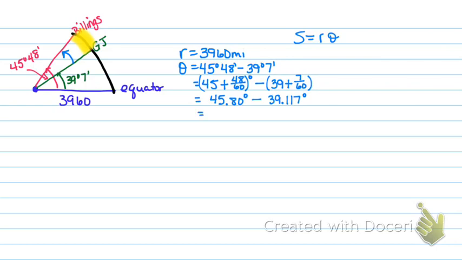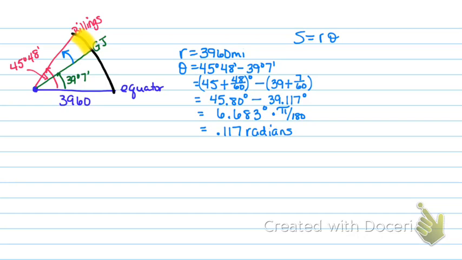When you subtract those, you're going to find that your theta is actually 6.683 degrees. That's the angle measurement between those two cities that we need. The only problem is that when we use arc length, we have to find our angle in radians. So I'm going to convert that by multiplying it times pi over 180. And when I do that, I get that my angle is 0.117 radians.